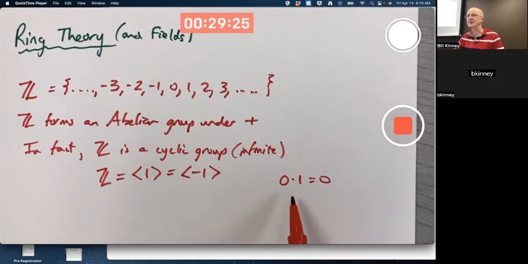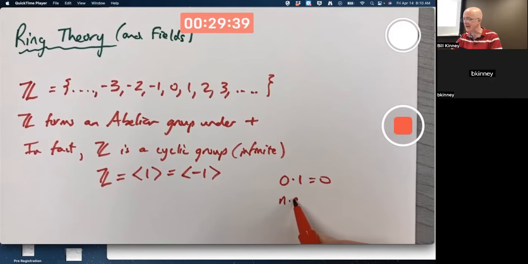In additive notation, you have to think of it as multiplying by 0, but it's not a literal multiplication. That's a group operation. It's just, n times an integer a means, if n is a positive integer and a is a positive integer, add a to itself n times.